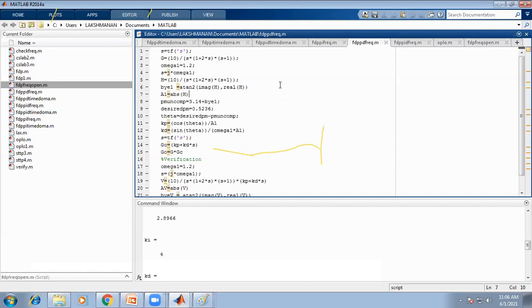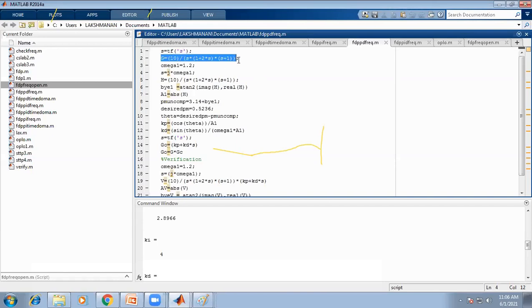Actually, the actual transfer function is 5 divided by s into s plus 0.5 into s plus 1. I simplified that equation now. Or else we can use the same transfer function, no problem.